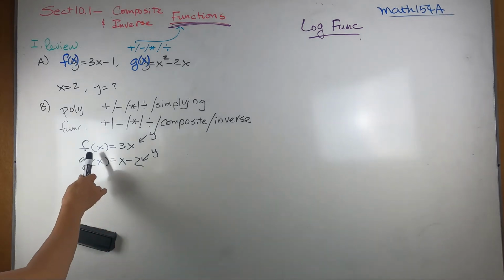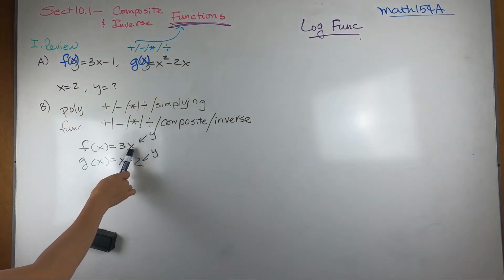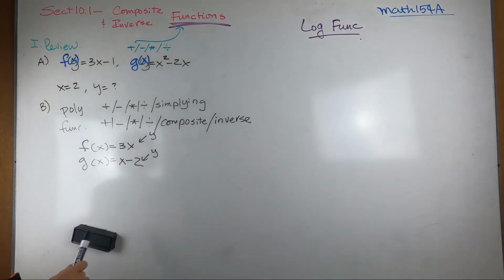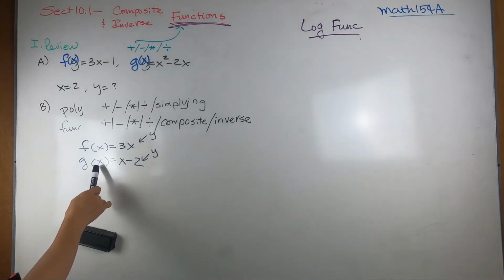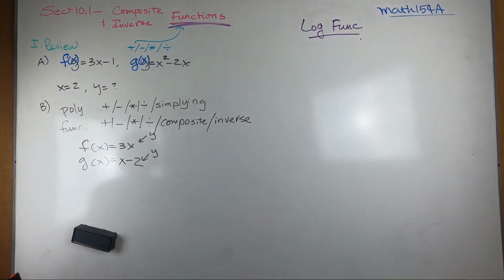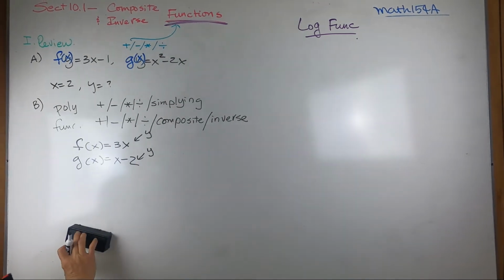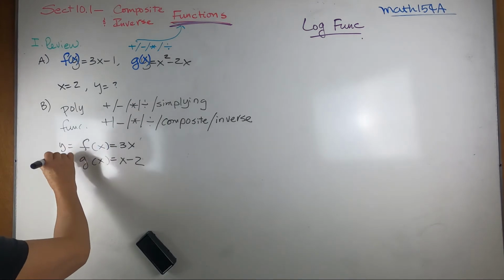So f is saying whatever you give to me, your y will give you 3 times back, right? Then the g function is saying whatever x is given, your y will be minus 2.